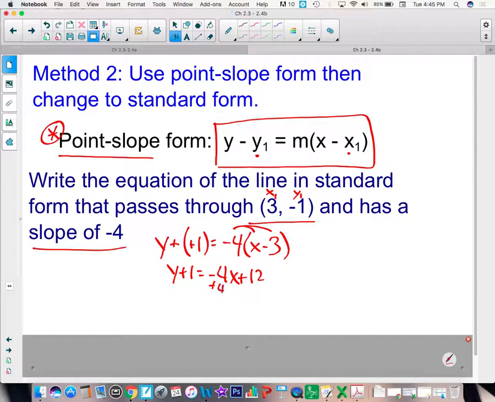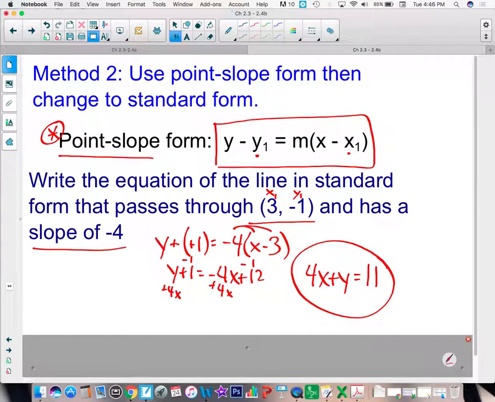So I'm going to add 4x to both sides, and I'm going to subtract 1 from both sides. And then we'll be pretty much done. We have 4x plus y equals 11. Do we have a negative out front? No, so we're good. Are there any fractions? Obviously not. So we're good to go right there.